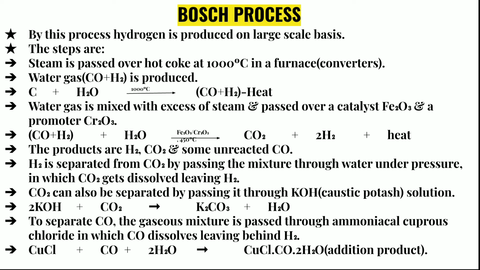We can also pass this mixture, that is hydrogen, carbon dioxide and carbon monoxide, through KOH solution, caustic potash solution. Then this caustic potash will absorb carbon dioxide, forming K2CO3, potassium carbonate and water, and the hydrogen will be left behind along with certain unreacted carbon monoxide.